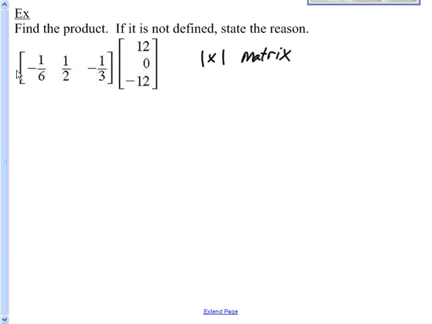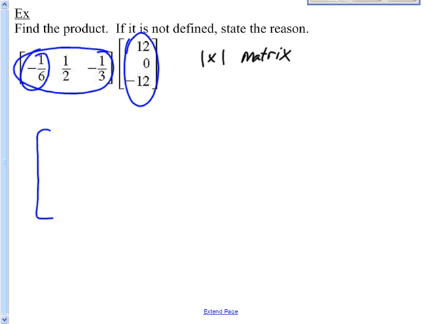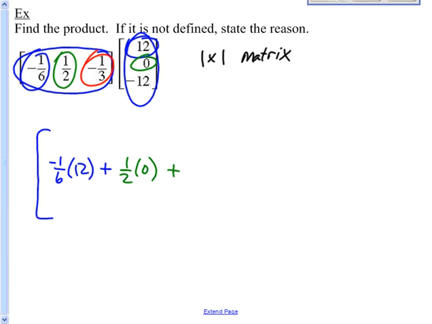So let's do this one real quick. As well, we take the first row and the first column. So we've got negative 1/6 times 12, plus, let's go to the next one, 1/2 times the 0, plus negative 1/3 times negative 12.